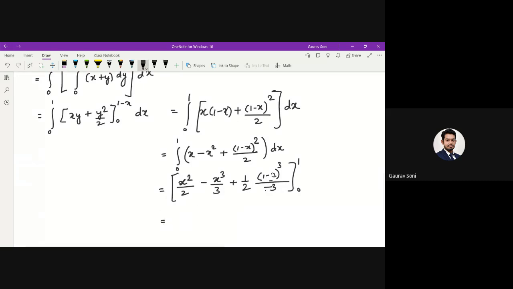Put the upper limit. We can see that if we put the lower limit, there is a non-zero term. Okay, anyways. So 1 by 2 minus 1 by 3 minus 1 by 6. Upper limit minus. Put the lower limit. First term is 0, second term is 0, third one will be minus 1 by 6. So the answer is 1 by 6.